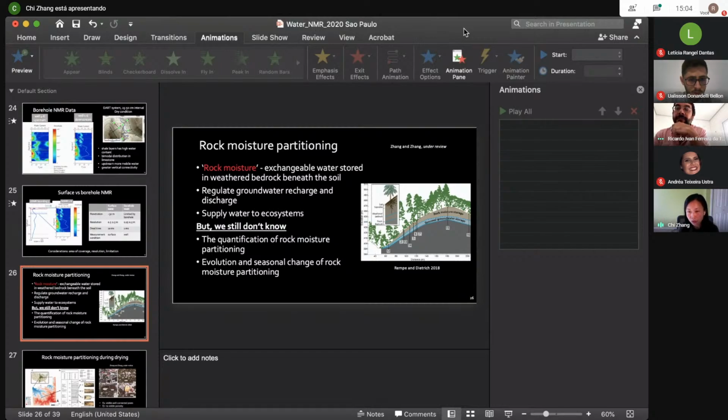Especially this type of control is important for carbonate terrain, because a lot of work has demonstrated such ecological control is a very important force for landscape evolution, and also to facilitate the karstification process, like precipitation and dissolution. But so far, not really.